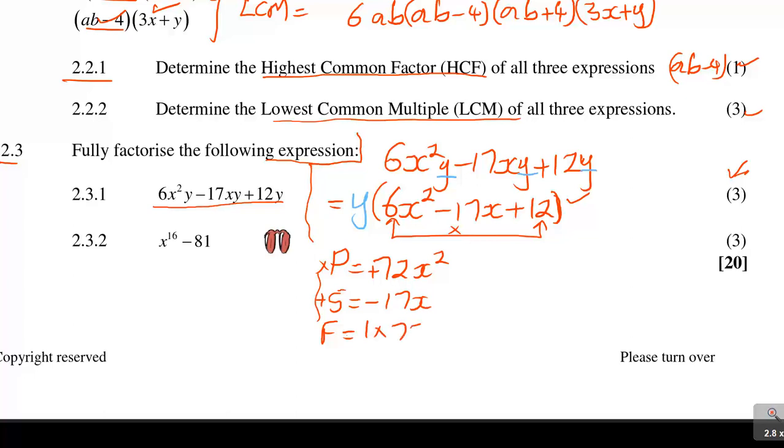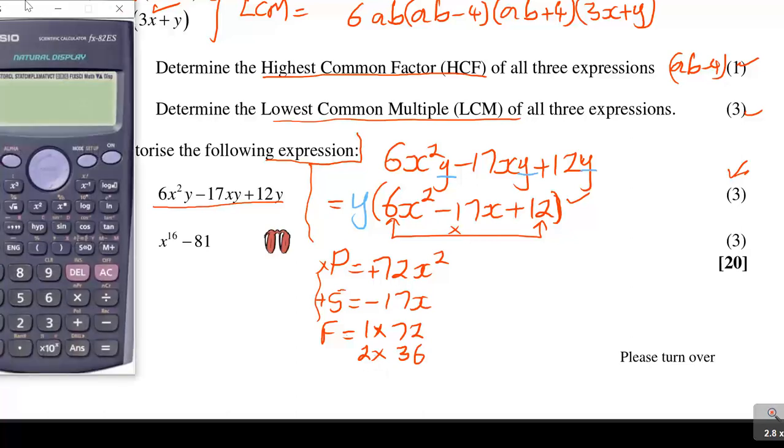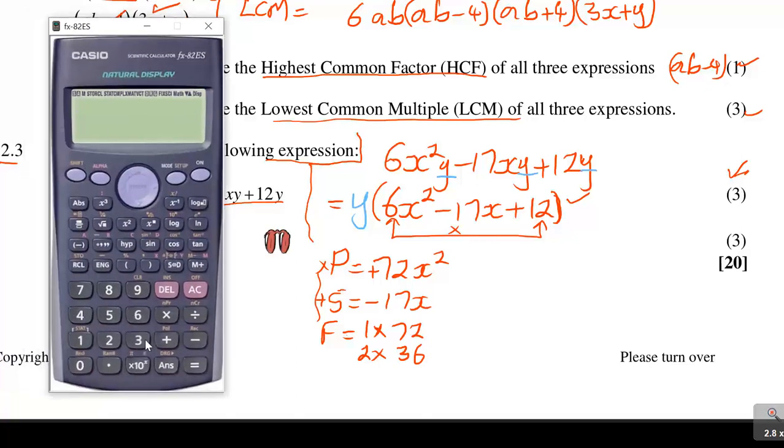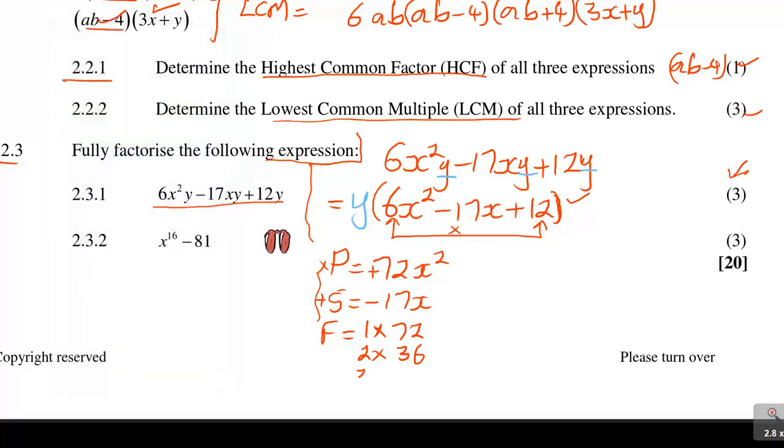1 times 72. So pick a number, but you need to go through them. 2 times 36. You need to be also able to use your calculator to assist you. So you say 72 divided by 2, that's 36, and 72 divided by 3 is 24, which is 3 times 24.